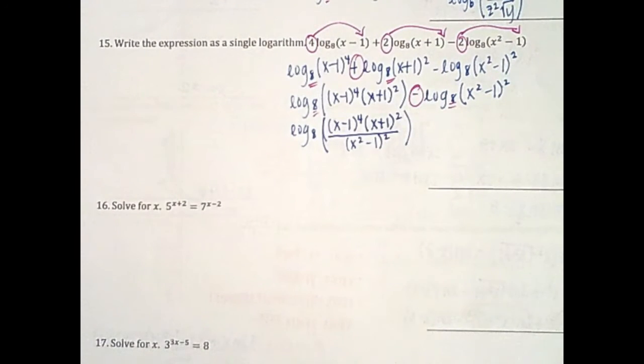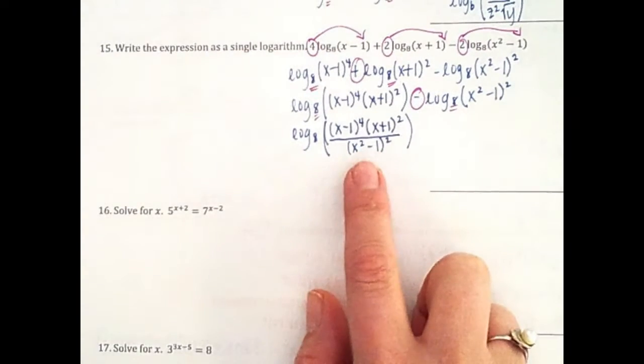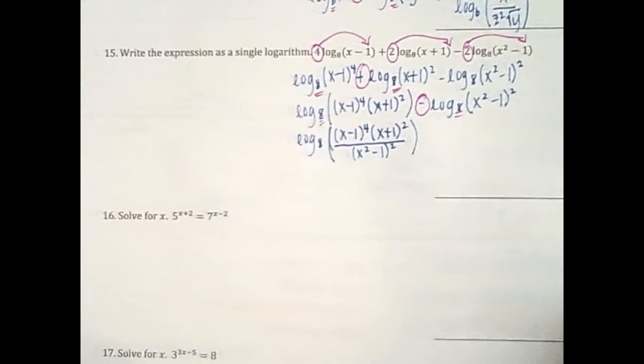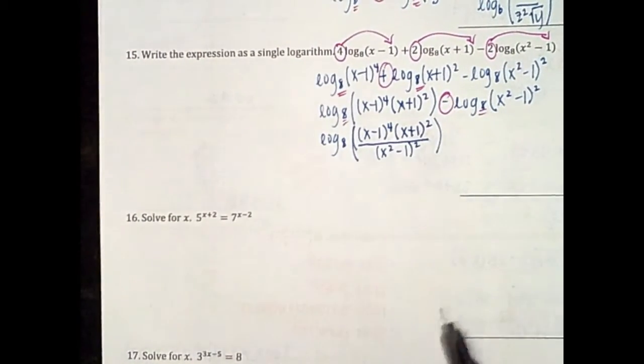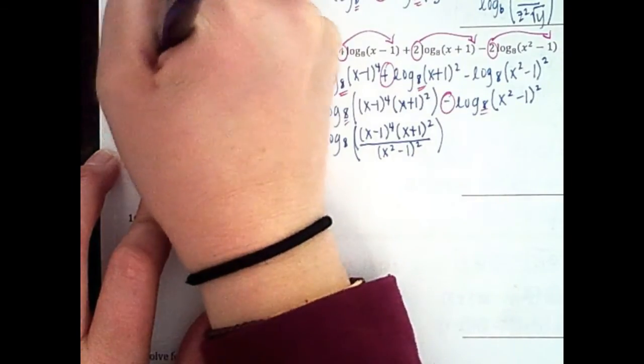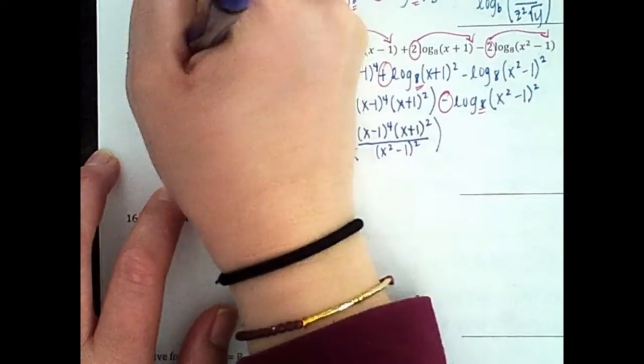So what I'm going to do is just write out what's on the inside. I'm going to factor x squared minus 1 because I can. Now, x squared minus 1 is to the second power. So I'm just going to write the inside over here to see it a little bit better.